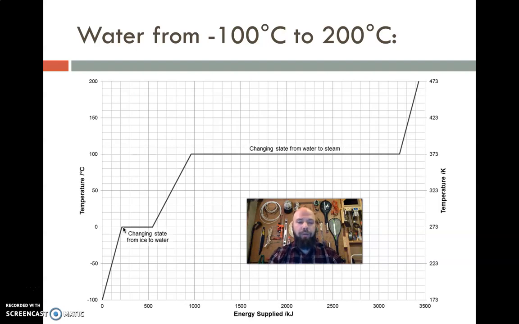You can have both liquid water and solid water at 0 degrees Celsius, depending on where within that physical change your molecules are. Putting more energy into the system would raise the temperature of the liquid up to the 100-degree point, where you can see it takes a lot of energy to change the state from water to steam. And then that would continue on, raising the temperature of the steam as you add more and more energy into the system.